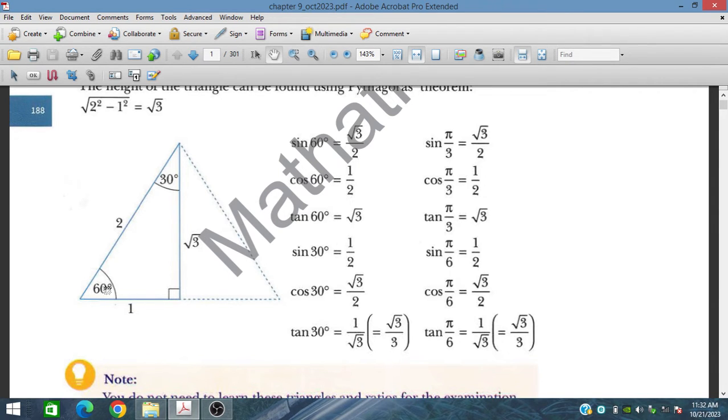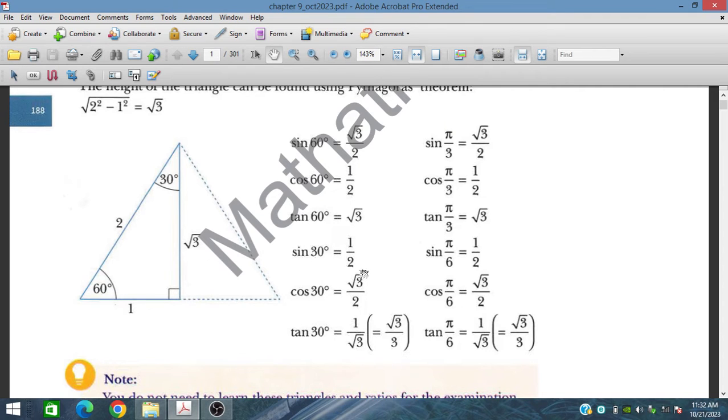Similarly, if we take sine 30 degree, the opposite side is 1, so it is the perpendicular with reference to the 30 degree angle, this upon this. So this is 1 upon 2. If we take the 30 degree cosine, this is the base with this angle, so under root 3 upon 2.